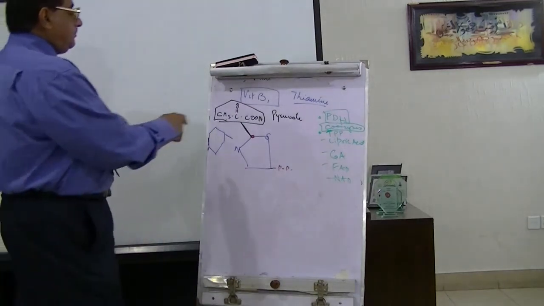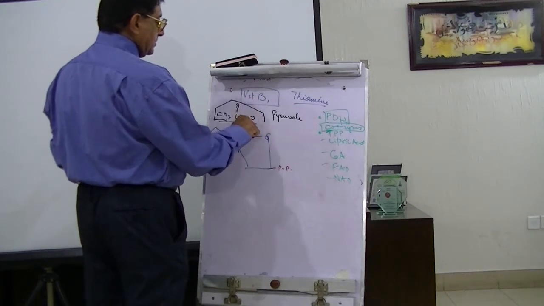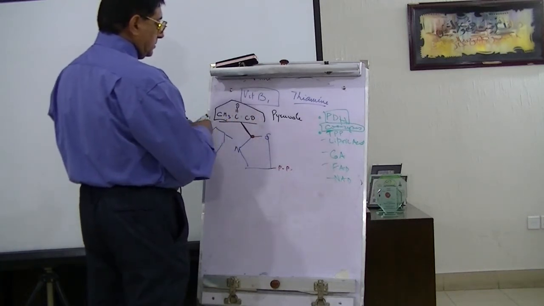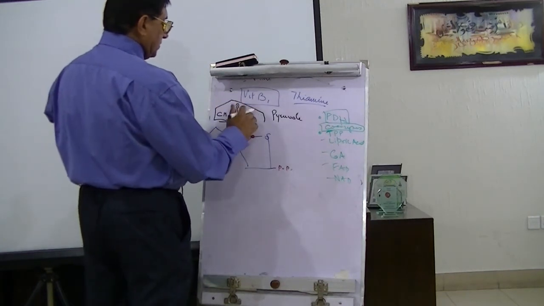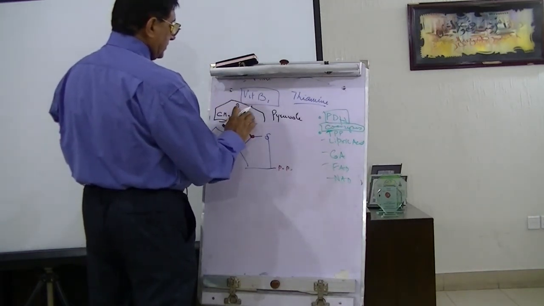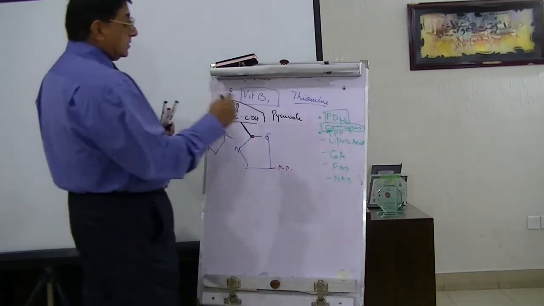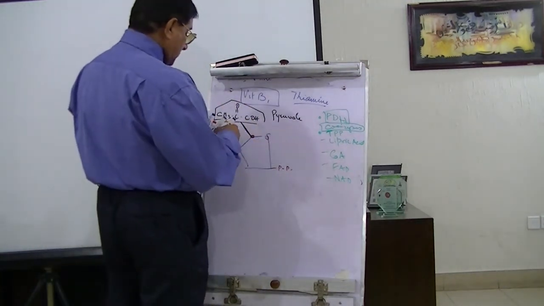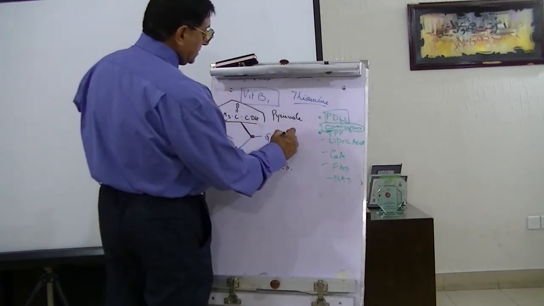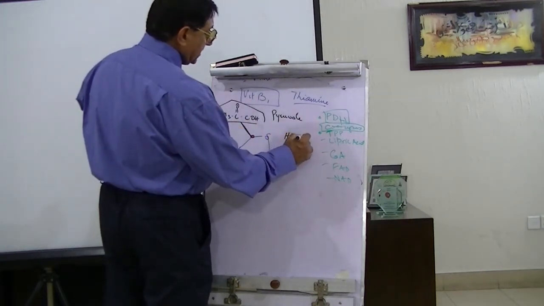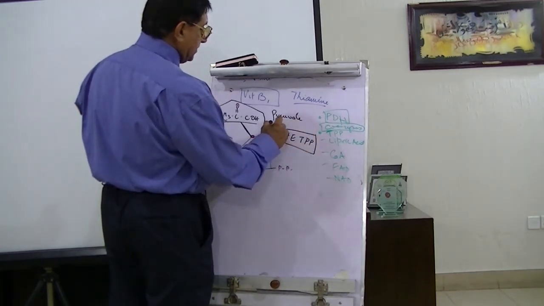So pyruvate attaches over here, and you get the formation of hydroxyethyl thiamine pyrophosphate. This is step number 1.